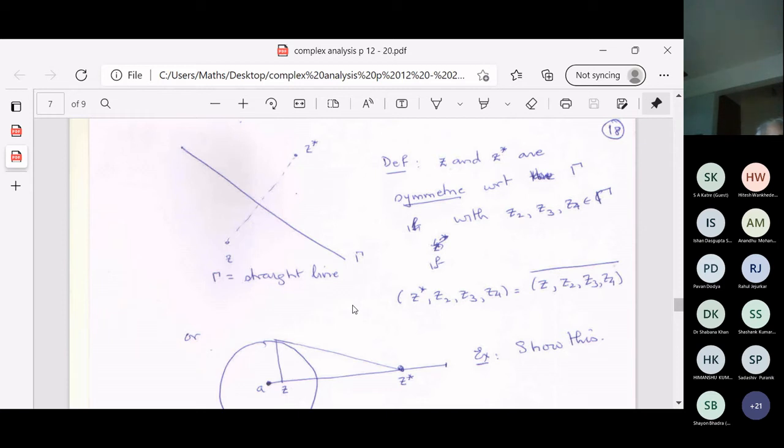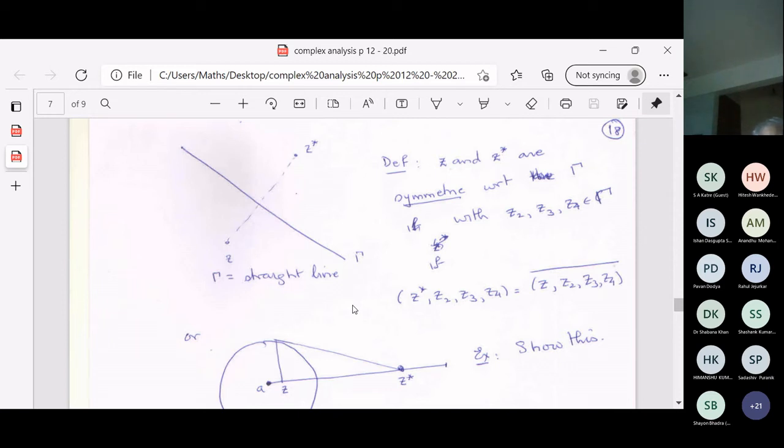The choices that different people will make of Z2, Z3, Z4 may be different. But the definition should not depend on the choices that you make. Okay? And then and only then will it be a good definition.